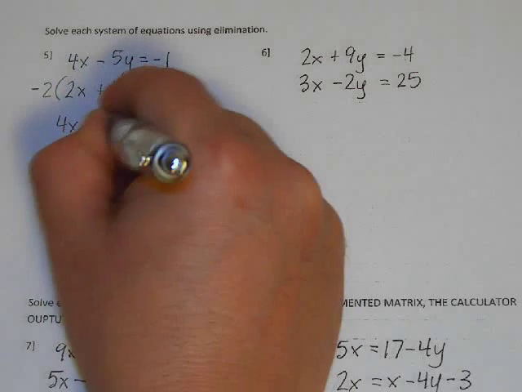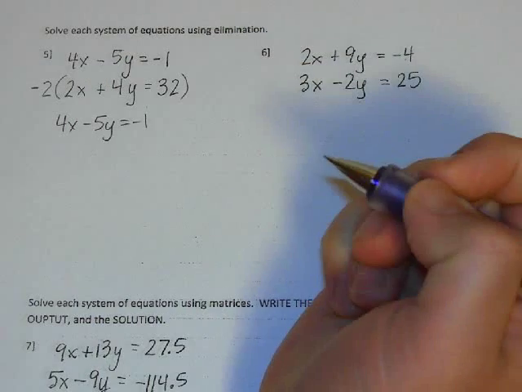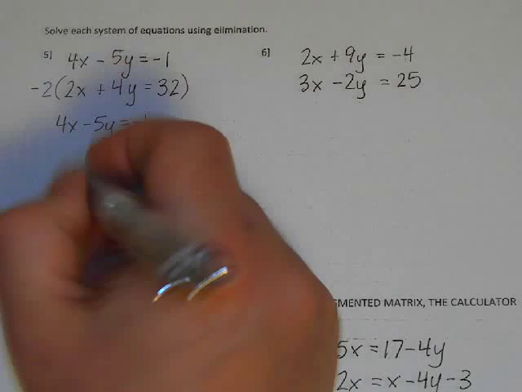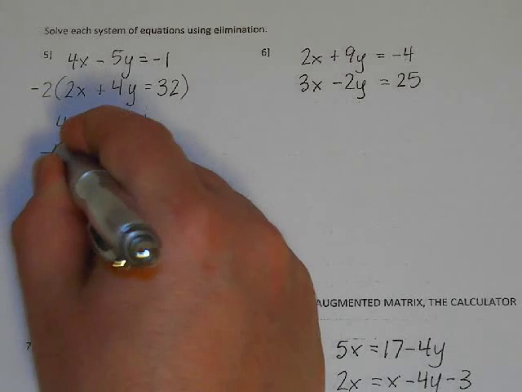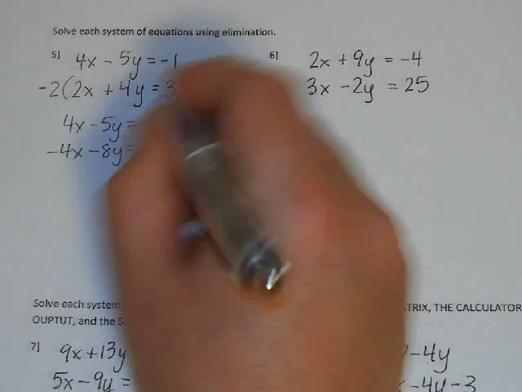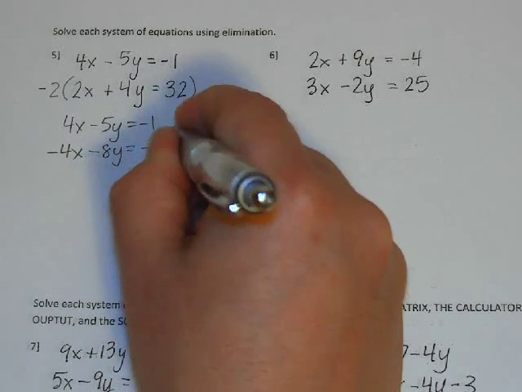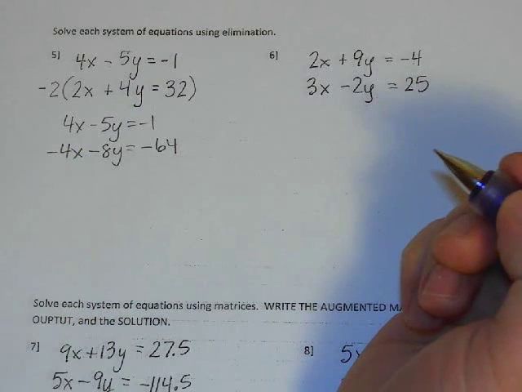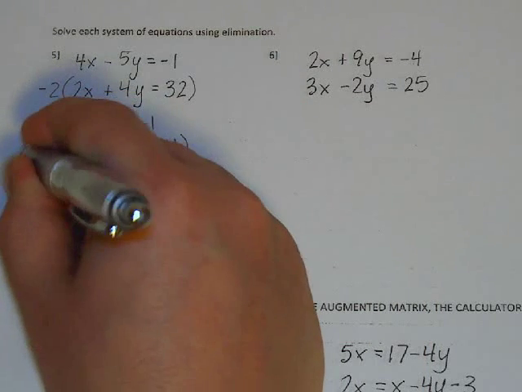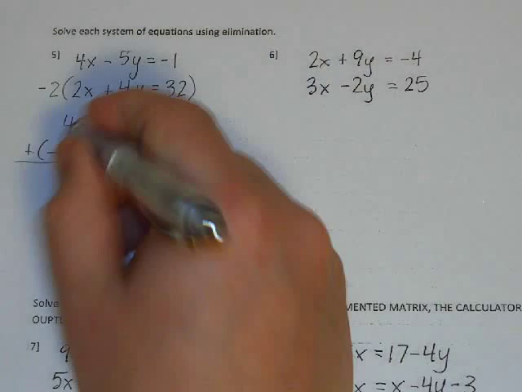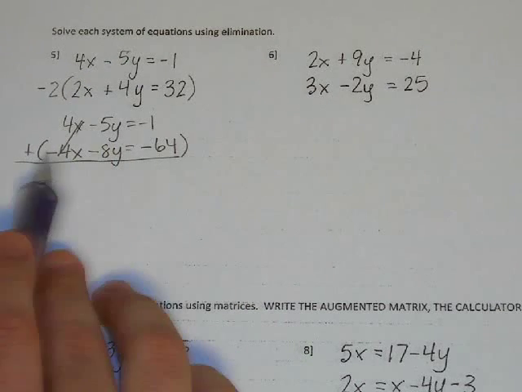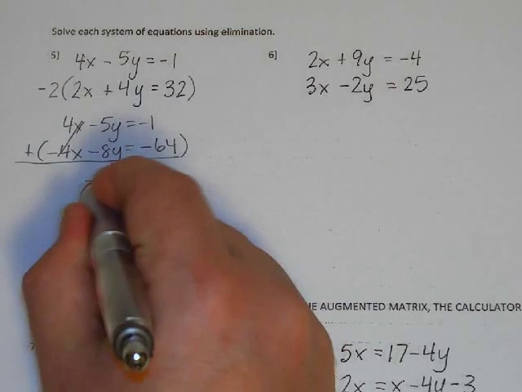So I'm going to rewrite the top equation, and then I'm going to write the bottom equation after I've multiplied by negative 2. And I get negative 4x minus 8y equals negative 64. Now I can add these two equations. x variable, eliminated. Negative 5y plus negative 8y is negative 13y.